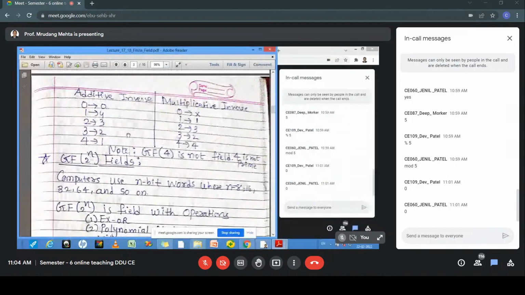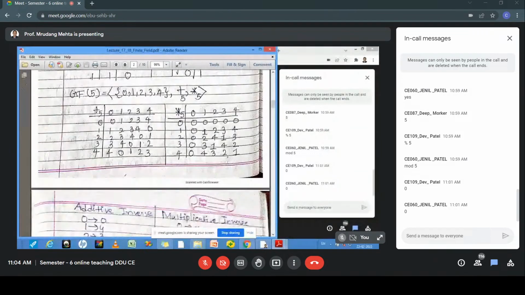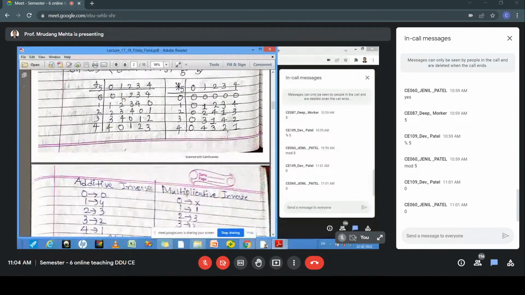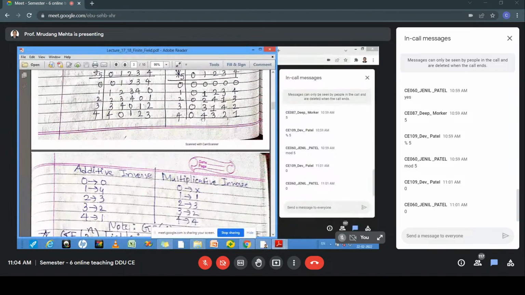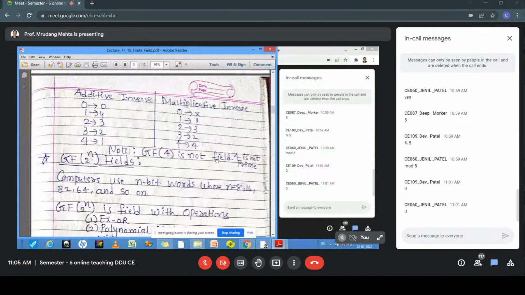So additive inverse, as per this table, for 0 it is 0, for 1 it is 4, for 2 it is 3, for 3 it is 2, for 4 it is 1, right? So these are the additive inverse, and multiplicative inverse we have to locate 1. So 0 we don't have, for 1 we have 1, for 2 we have 3, and for 3 you have 2, and for 4 we have 1, right?